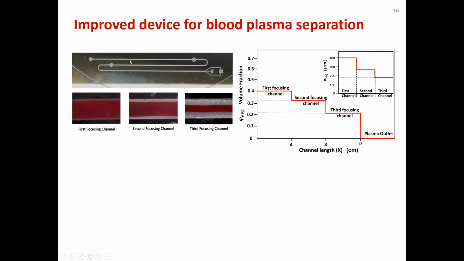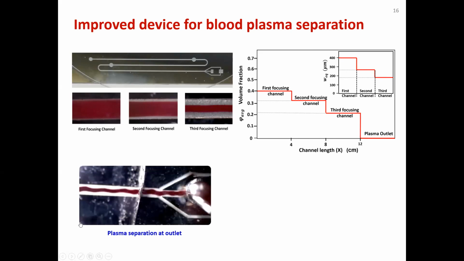After the focusing that happens in the first channel, you extract the concentrated part of this blood so that the overall volume fraction reduces. Then in the second channel, further focusing happens. And in the third channel, you have really good focusing that takes place. Finally, you collect the plasma, which is cell-free.